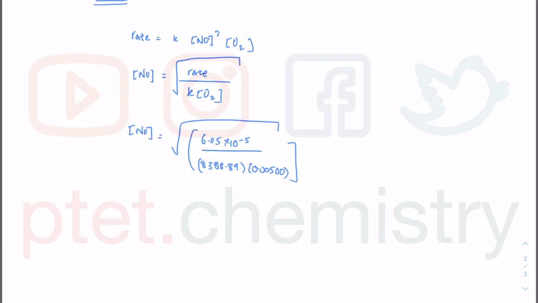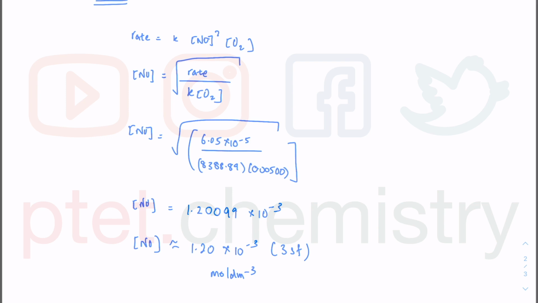So let me just, okay, so I get 1.442 times 10 to the minus 6, and then I'll square root that. So NO concentration gives me 1.20099 times 10 to the minus 3. Of course, to 3 significant figures to be consistent as well as the appropriate number of significant figures based on the data given, and this is concentration, so it will have a unit of concentration.